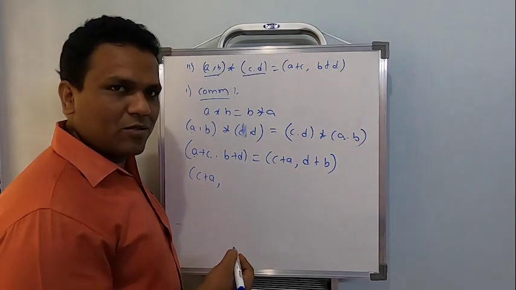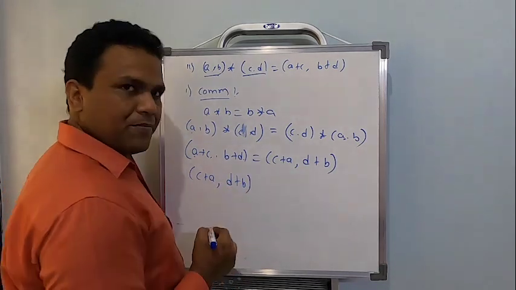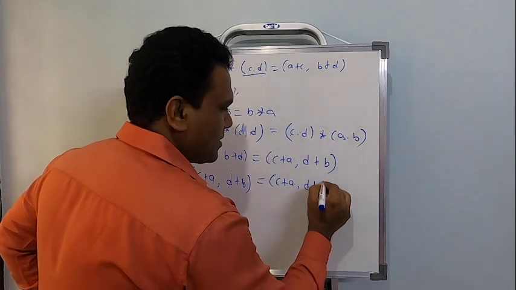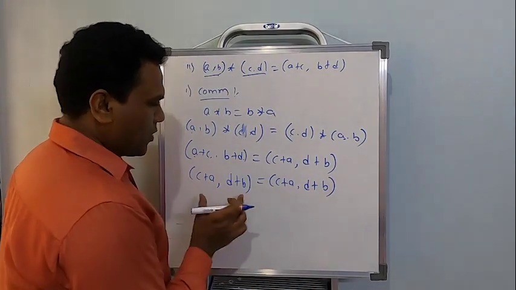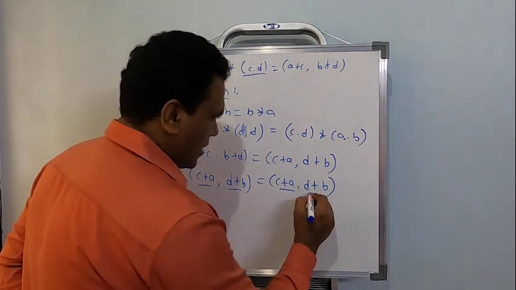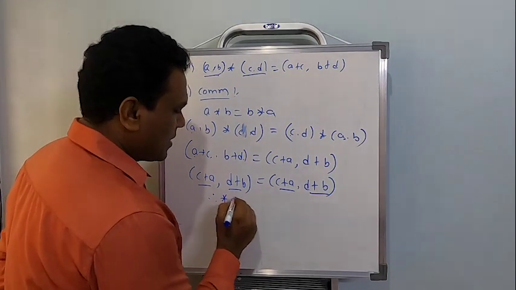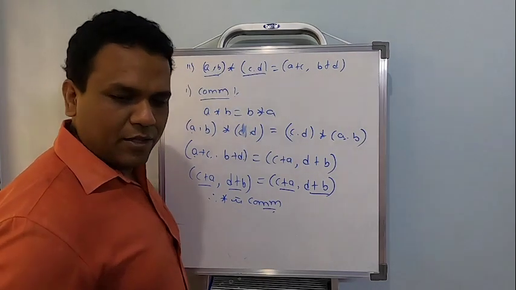No, the value still remains the same. Now B plus D can also be written as D plus B, and let's retain the right hand side as it is, (C plus A, D plus B). So clearly notice these two ordered pairs are equal because first elements are equal and even the second elements are equal. Therefore star is commutative. It's a simple thing to show.